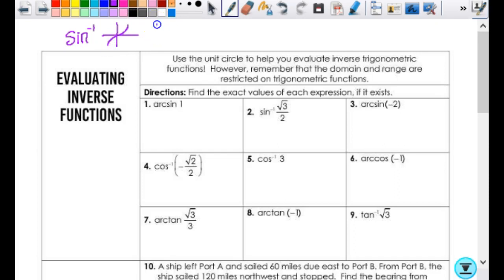And for the unit circle, that means I'm using quadrants 1 and 4. Cosine inverse, or arc cosine, either way, right? That inverse graph looks like this, okay? Which means for the unit circle, I'm using quadrants 1 and 2.